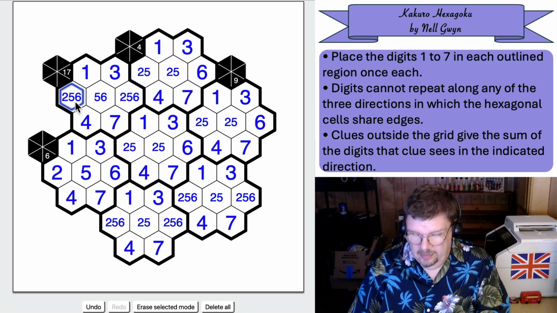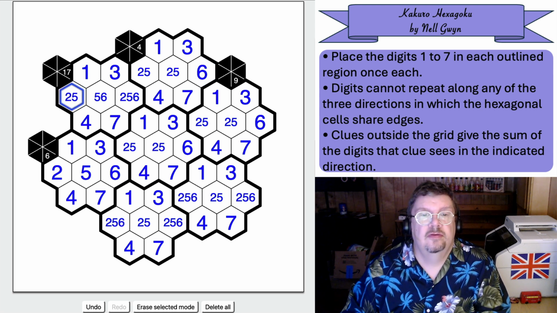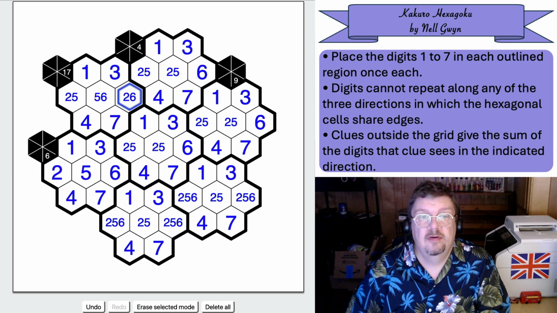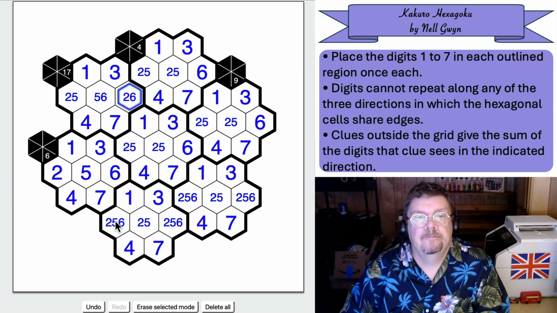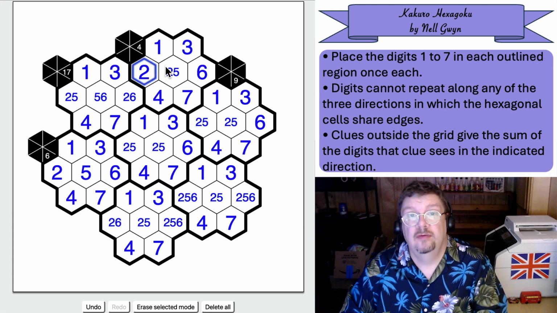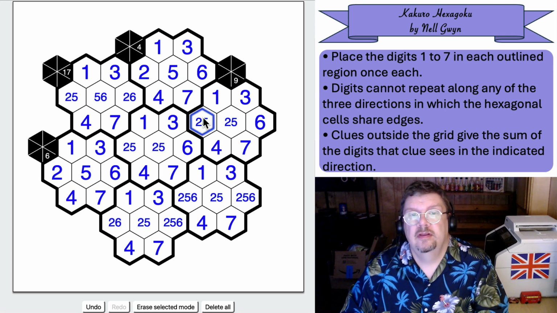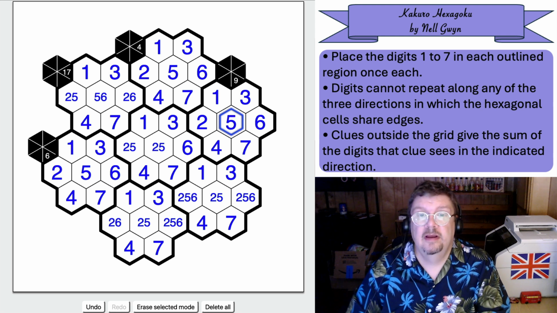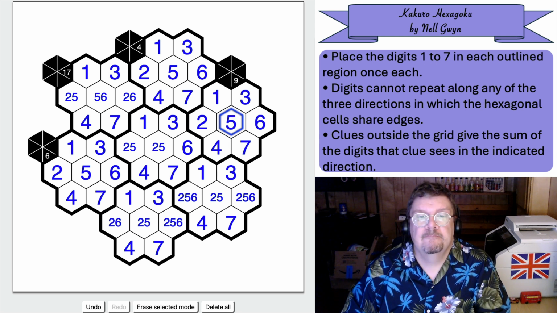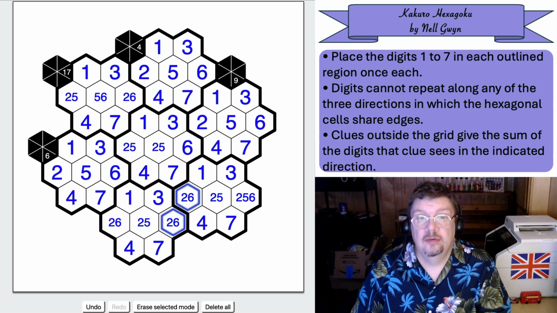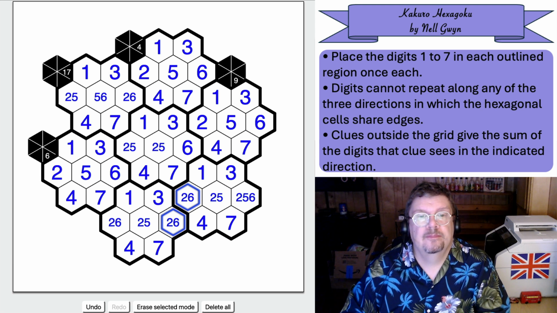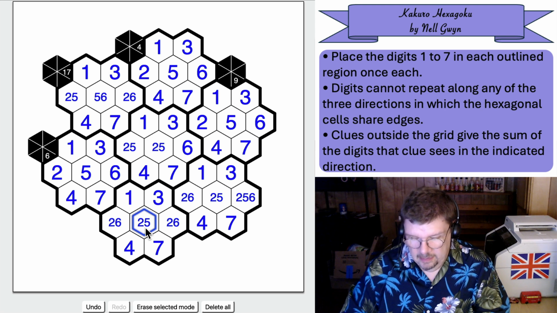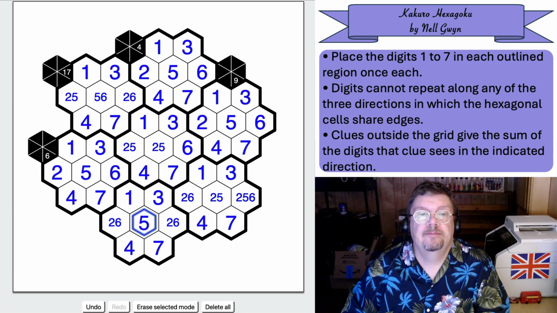That 6 means that that is not 6. That 5 means that's not 5. That is not 5. That's a 2. That's a 5. That's a 2. That's a 5. Those are both not 5. That's a 2-6 pair, making that a 5.